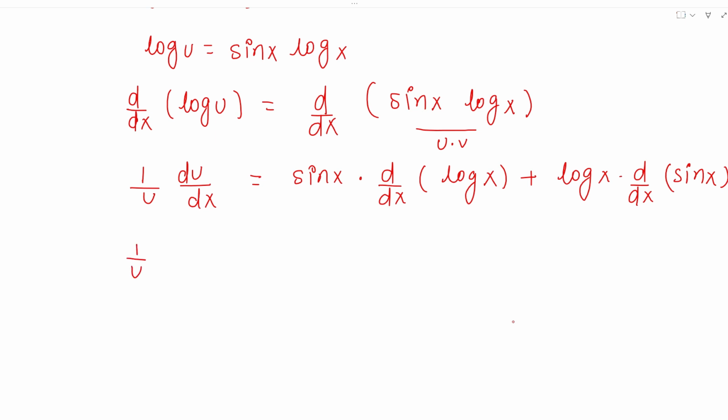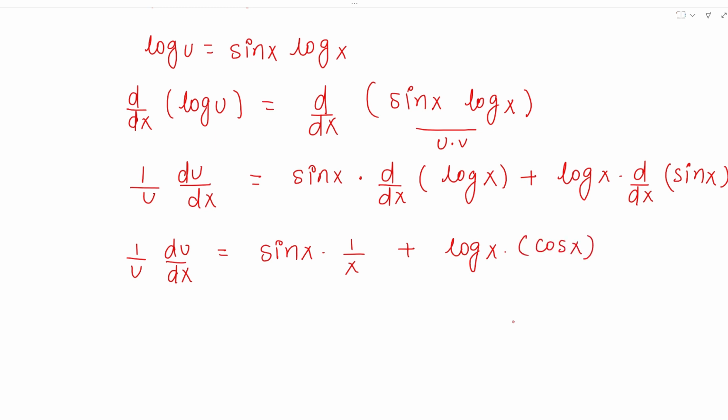So 1 by u du by dx equal to sin x. Differentiation of log x is 1 by x plus log x, and differentiation of sin x is cos x.